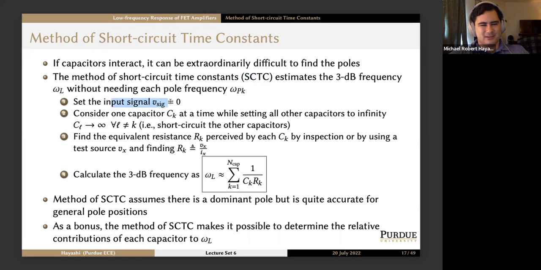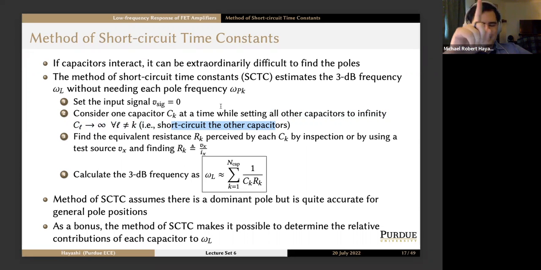So we set the input signal to 0. Then we consider one capacitor C sub k at a time while setting the other capacitors to infinity. So C sub l goes to infinity for all l not equal to k. That is, we're short circuiting all the other capacitors, hence the name short circuit time constants.